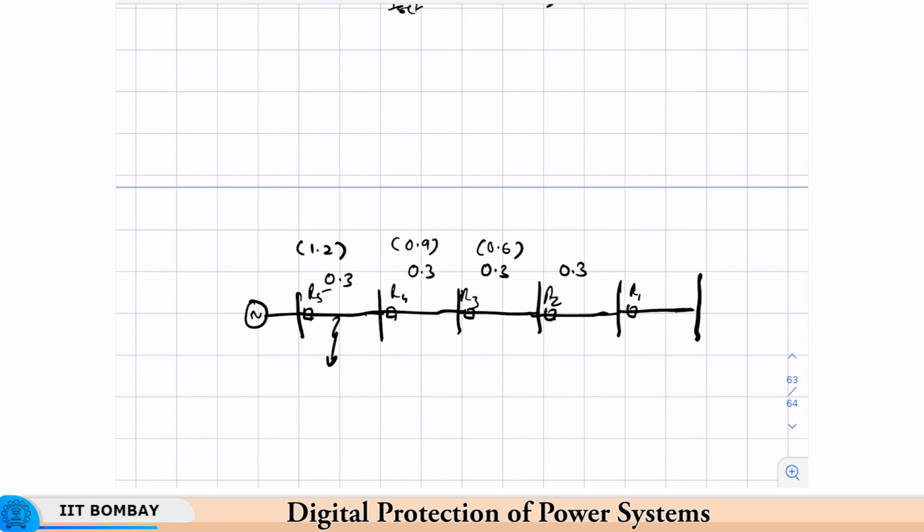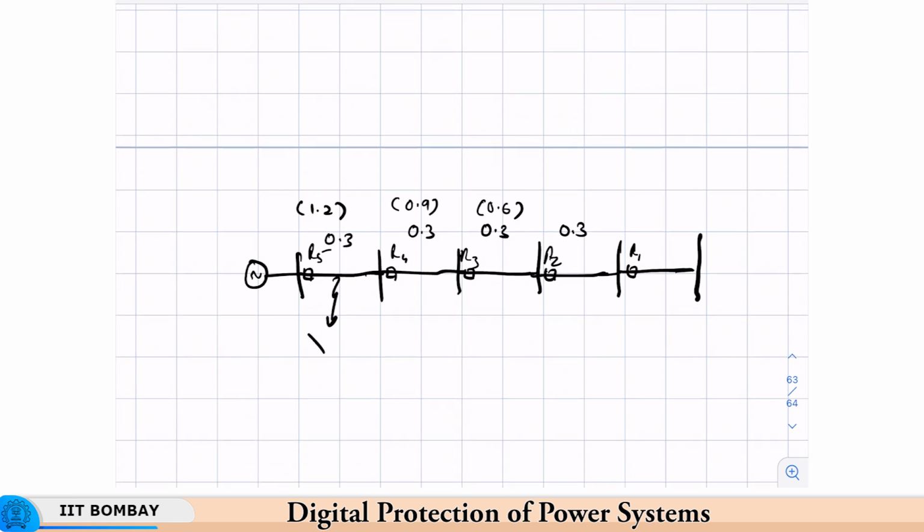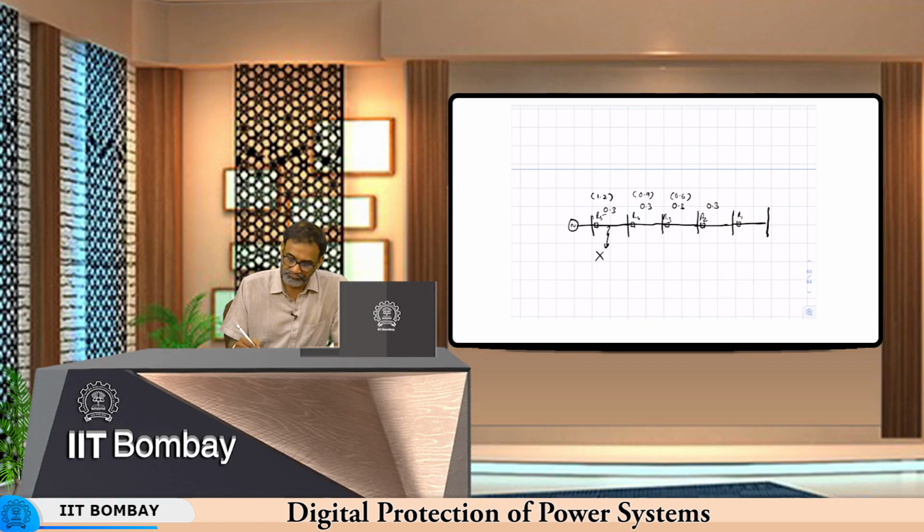This is not acceptable. Most utilities will not allow a fault to hang, as it is called, not being cleared for more than 1 second. So, this kind of relay coordination setup is not acceptable.